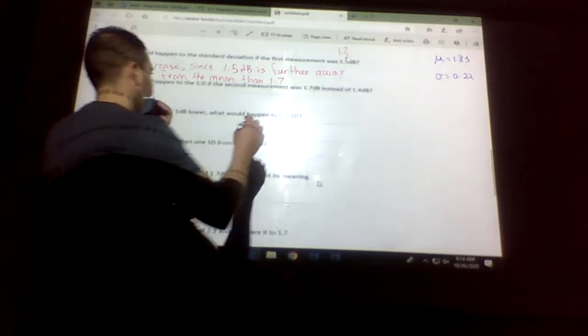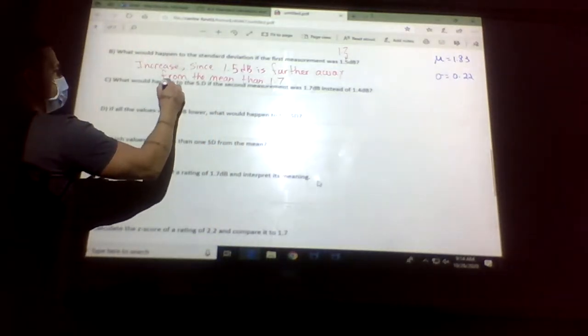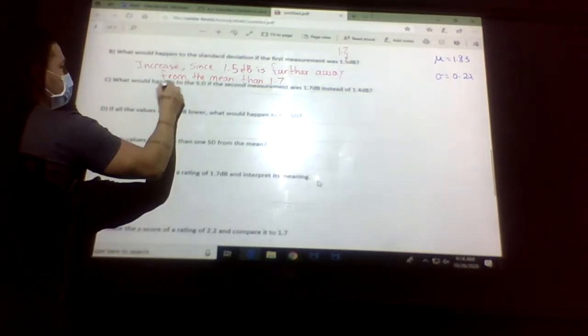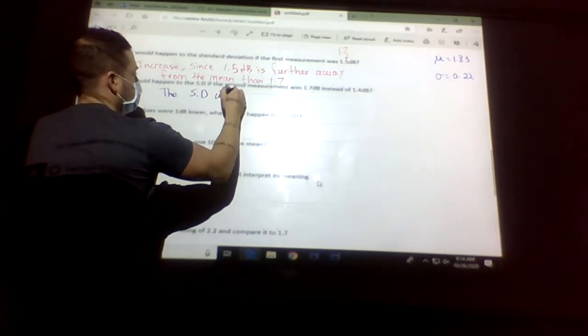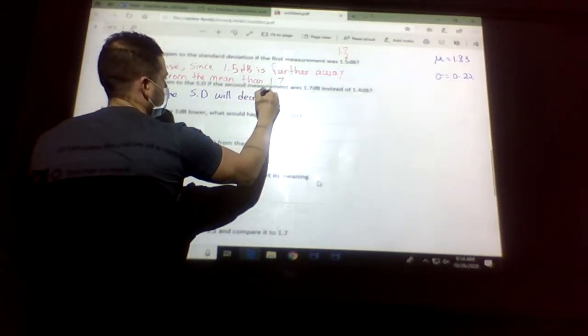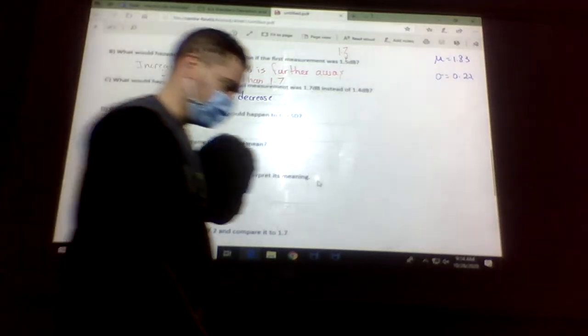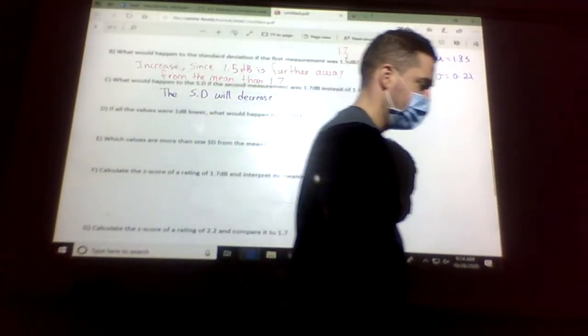So it would decrease. The standard deviation will decrease, because 1.7 is closer to the average than 1.4.